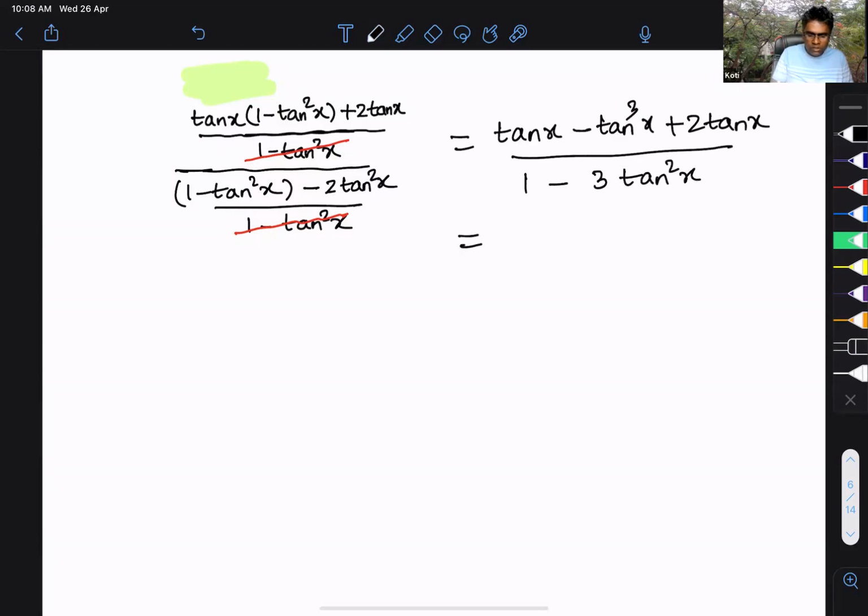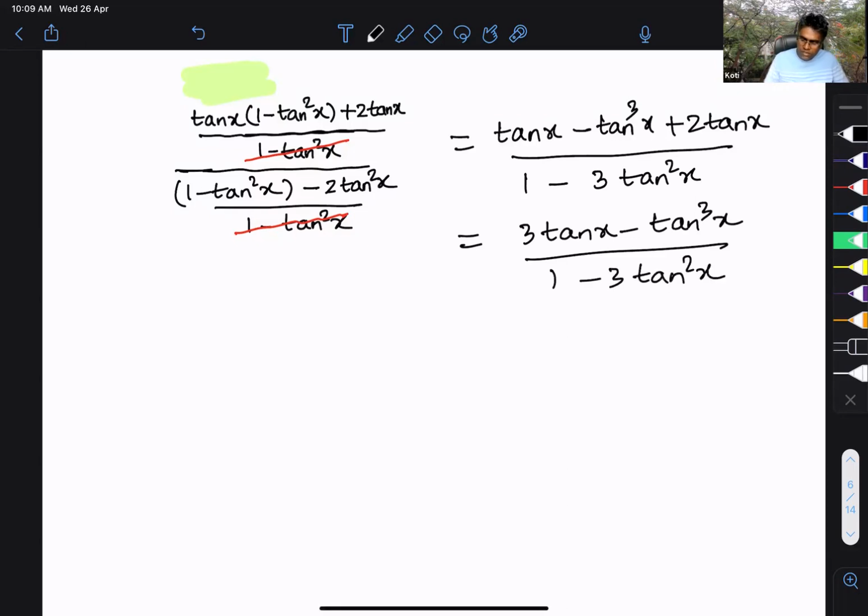In the numerator, what do you get? You get tan x plus 2 tan x is 3 tan x, minus tan cube x, over 1 minus 3 tan square x. This is a little hard to remember actually. Don't you think, guys?